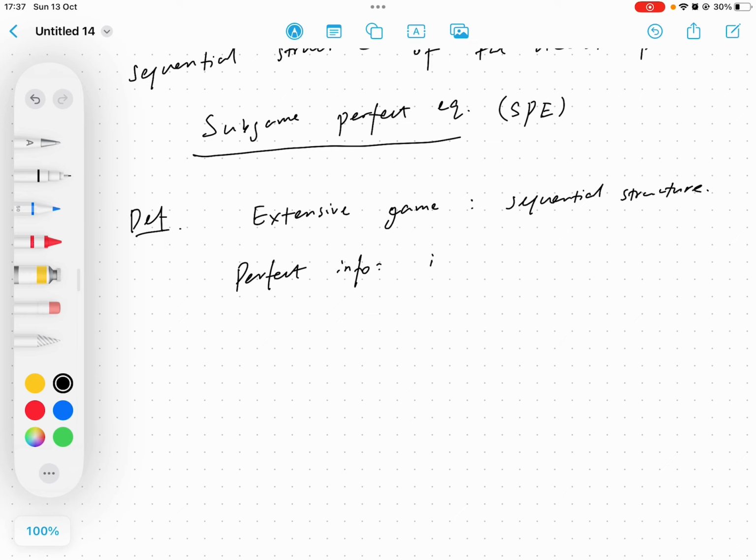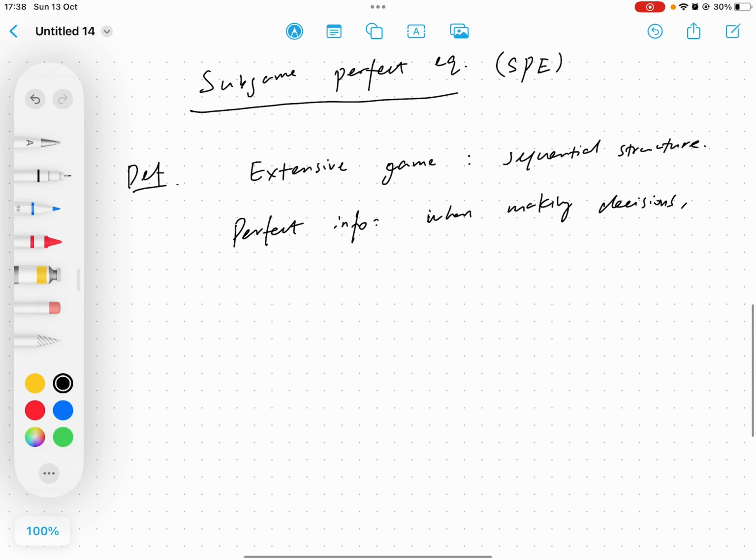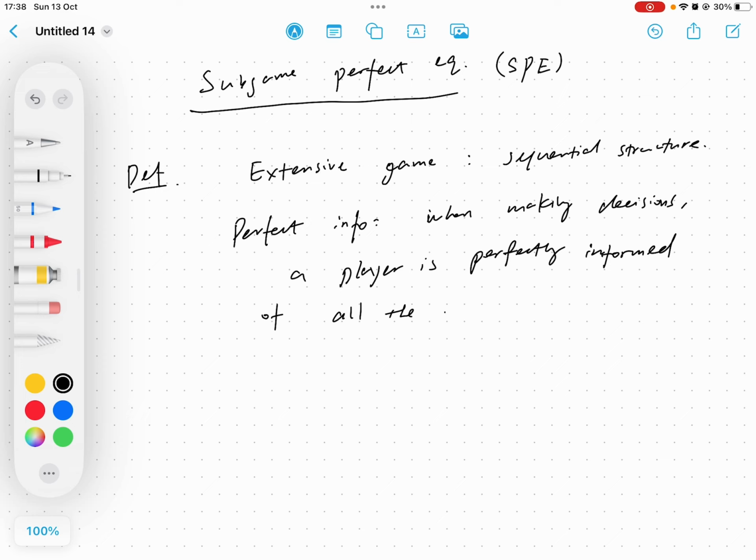Okay, so when making decisions or choosing actions, a player is perfectly, accurately informed of all the events that have previously occurred. That's called perfect information.